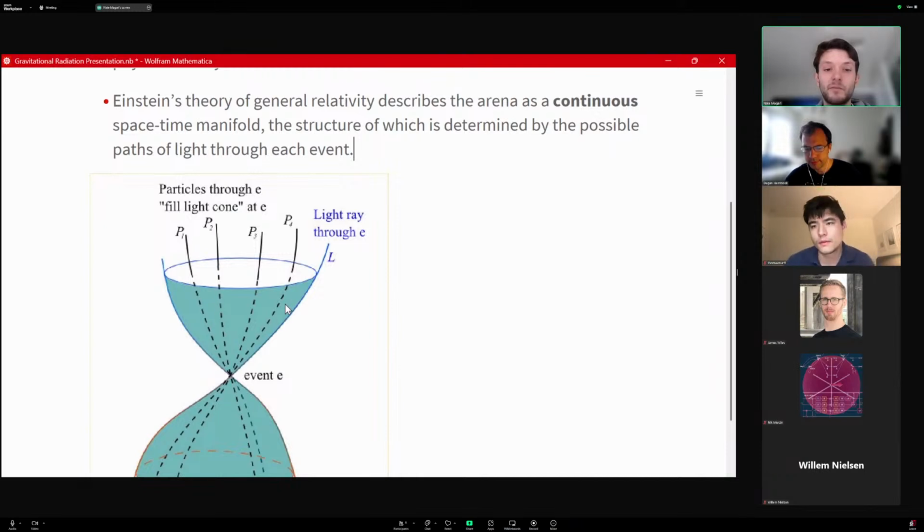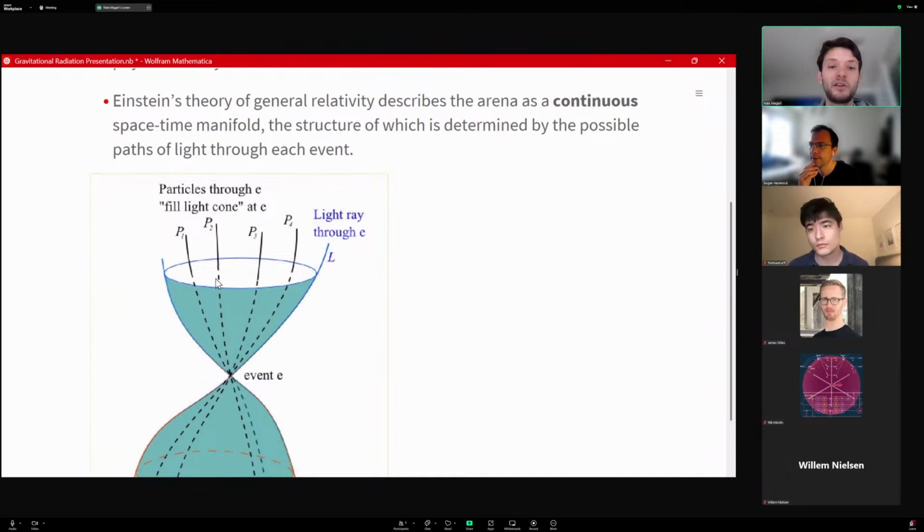using the Minkowski metric, which we'll talk about a little bit later, the metric is defined so that the distances between any two points that could represent the path of light, those points have a distance of 0 between them.